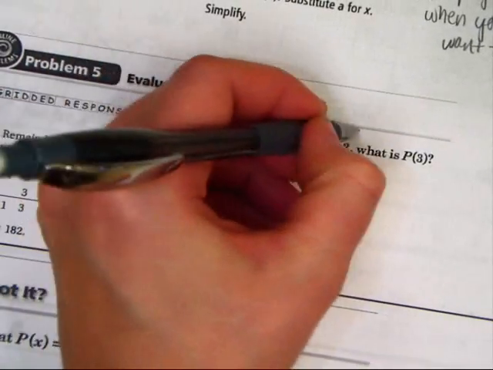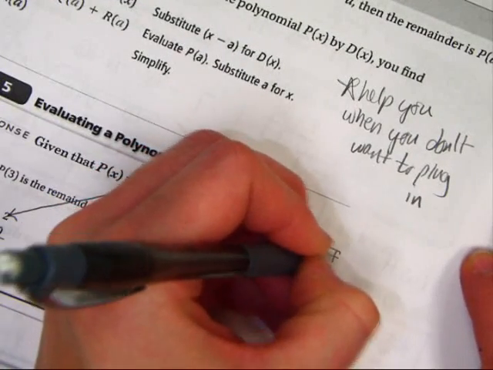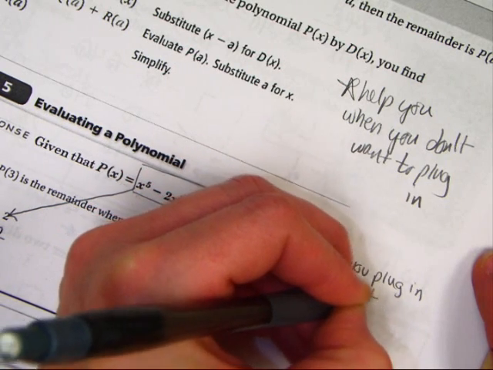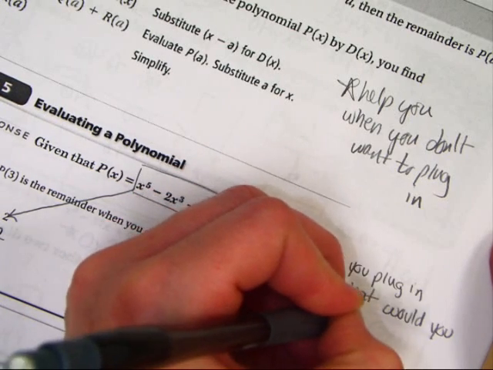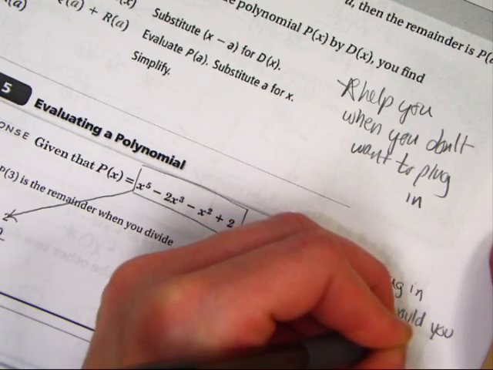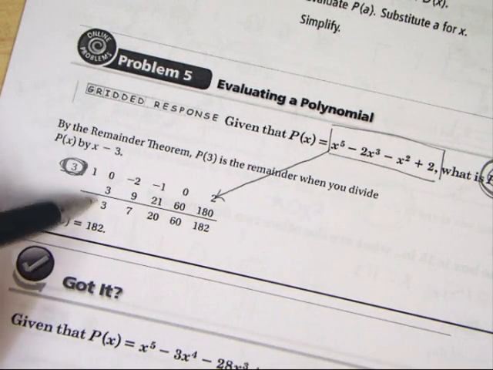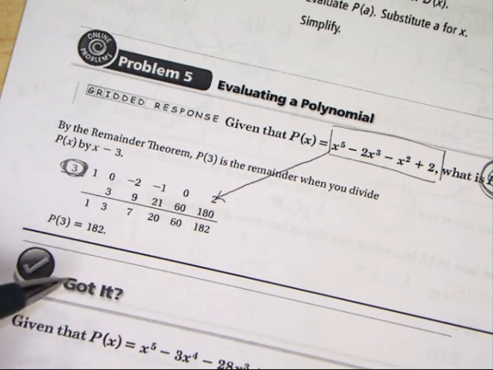So they took their polynomial and they put it in synthetic division, right? Now they want to know, if you plug in 3, what would you get? That's what this means. So they used synthetic division to figure it out. So they put a 3 here, and then they just dropped, multiply, add, multiply, add, multiply, add, multiply, add, multiply, add.